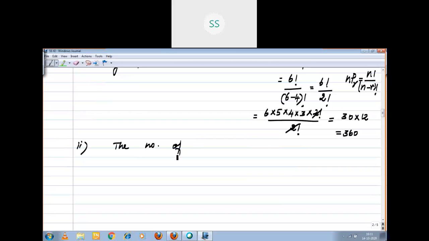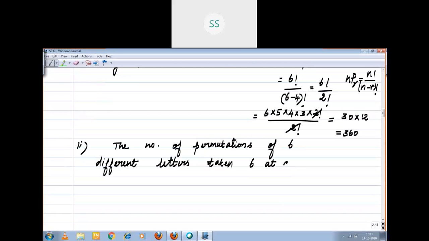Second subdivision, the number of permutations of 6 different letters taken 6 at a time is 6P6 ways, right?